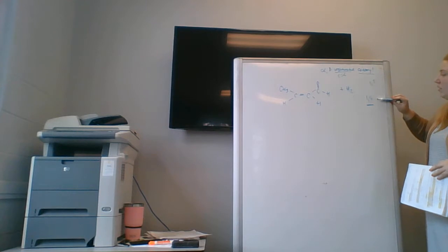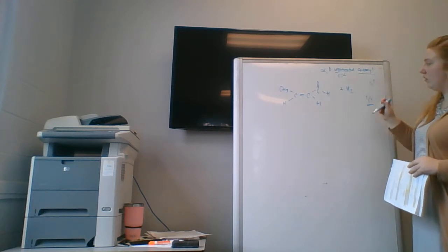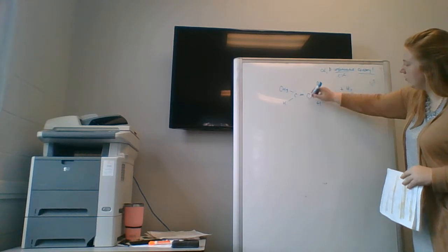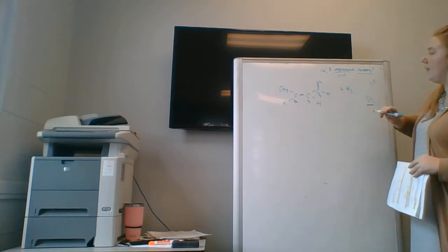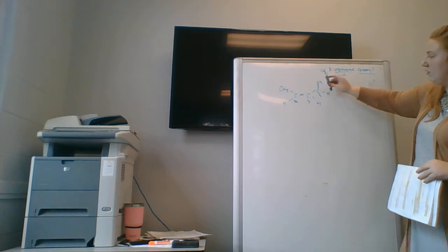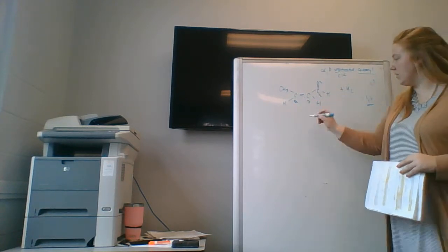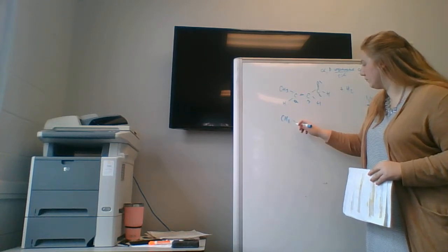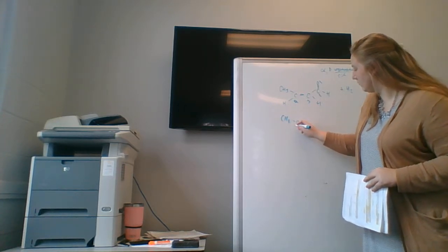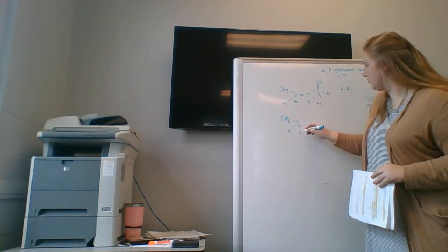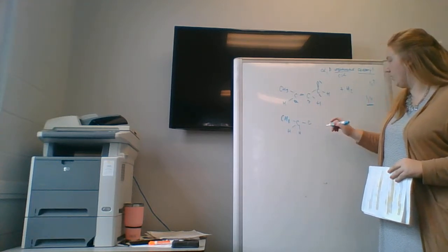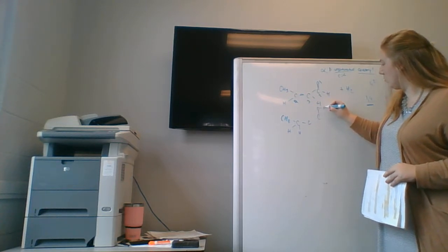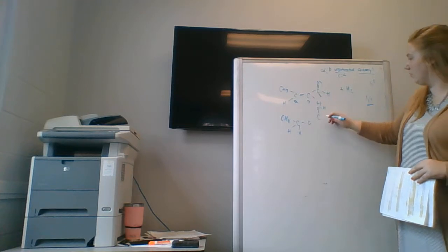Okay, so if we're doing a 1,4 hydrogenation, okay, 1, 2, 3, 4. That means the addition is going to happen here, and it's going to happen here. So essentially what we're going to end up with is hydrogen, hydrogen, carbon, hydrogen added here, carbonyl group removed.